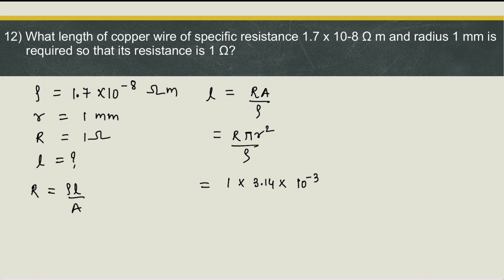So 1 millimeter is 10 raised to minus 3 meter, squared, upon resistivity 1.7 into 10 raised to minus 8. When you simplify this, you will get the answer 184.7 meter. Use your mathematical skill and find out that this answer is 184.7 meter.